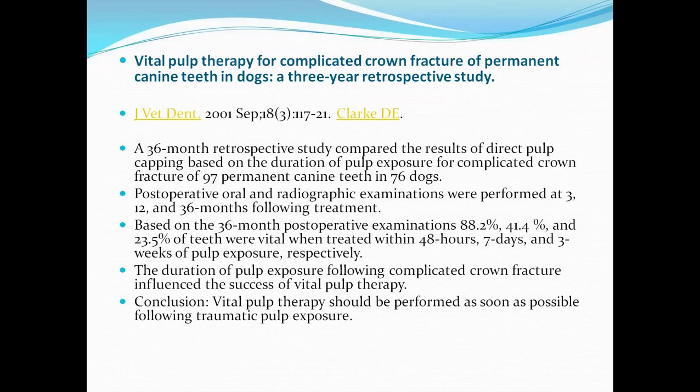And we found that treatment success literally halved every time the time went from 48 hours to 7 days to 3 weeks. So if you could treat the tooth within the first 48 hours, then your treatment success, we found, was 88%. So treatment success was at 36 months, so 3 years after the actual procedure.